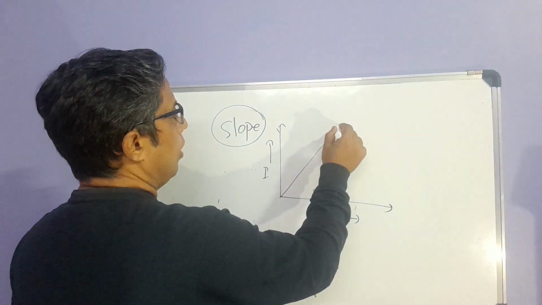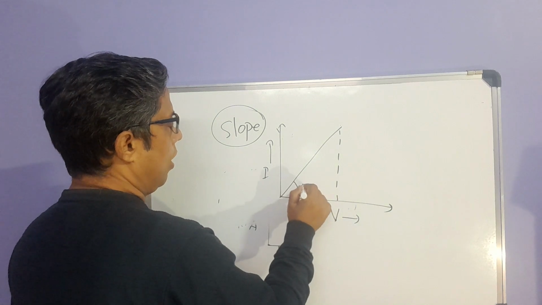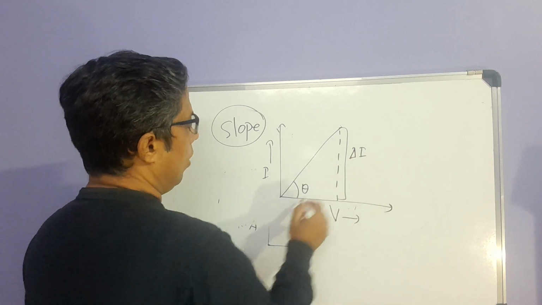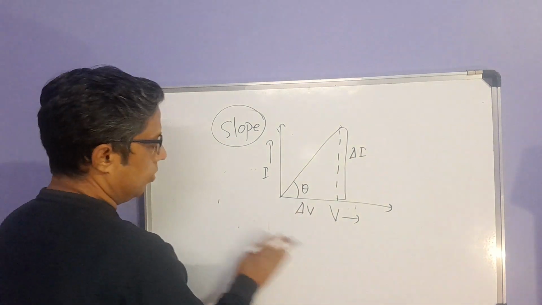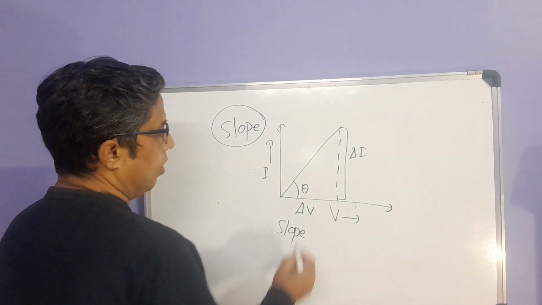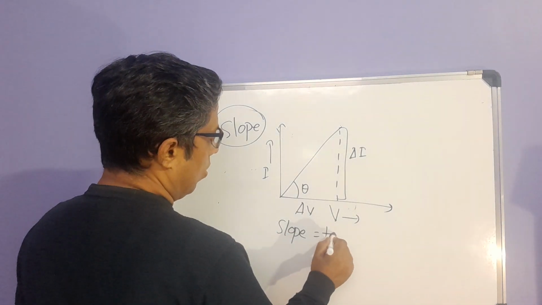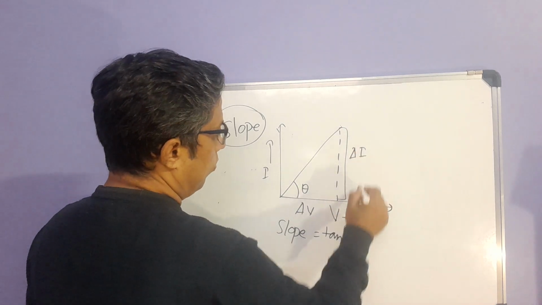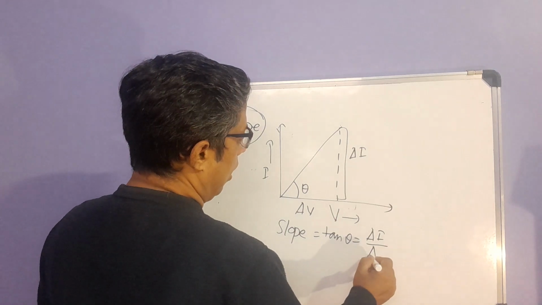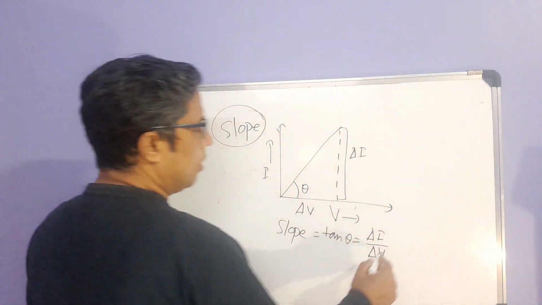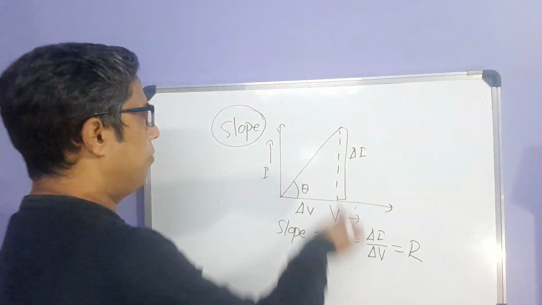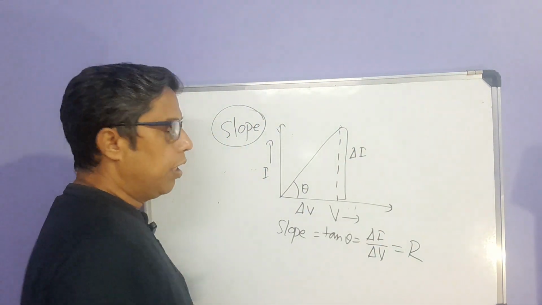The straight line, if I am taking theta here, will show the change in current, delta I, by delta V. So the slope of this graph is equal to tan theta, which is height by base, or perpendicular by base, so delta I by delta V. So this is the resistance. This is the graphical nature for ohmic resistance.